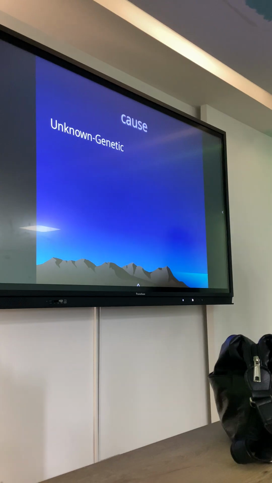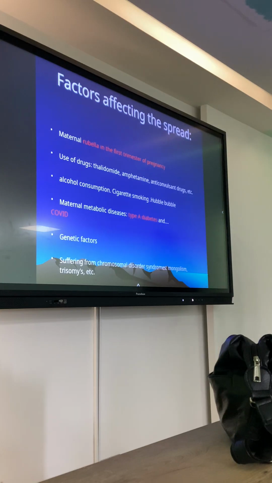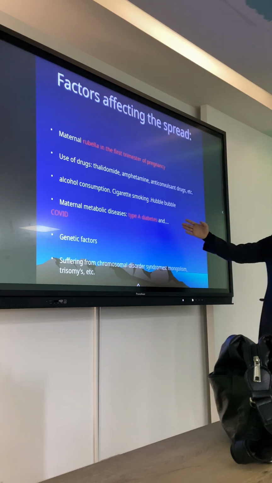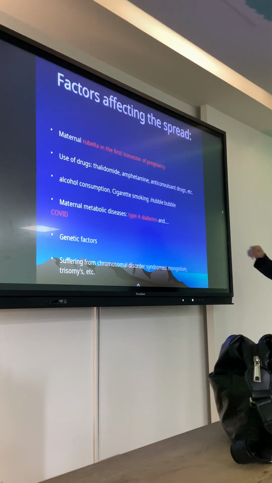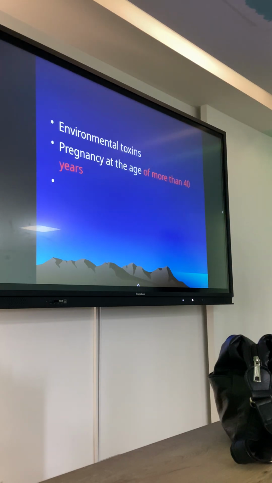We said about the cause and said that genetic is the first and unknown, and we said about factors, about drugs, about some diabetes, genetic, and some infection. Rubella led to that.